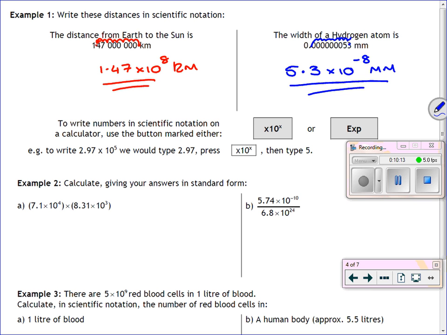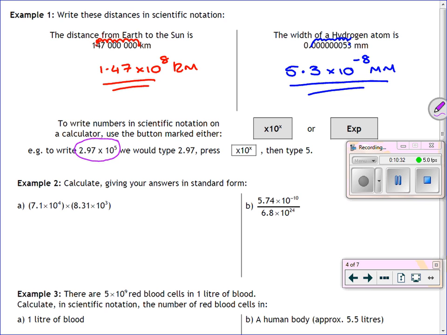We can change from scientific notation back into normal form just by undoing the process there, just by moving the decimal point back that number of places. So for example, I'm looking at this example right here.